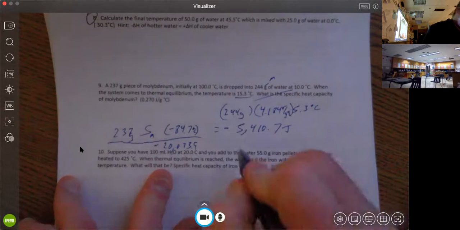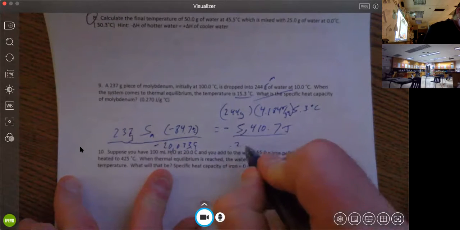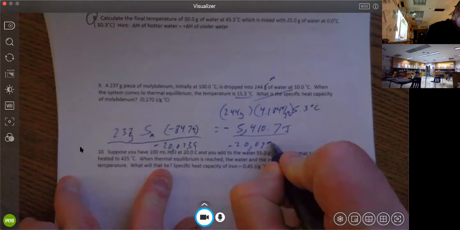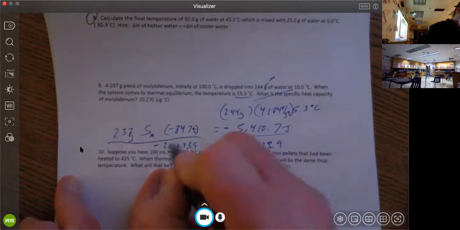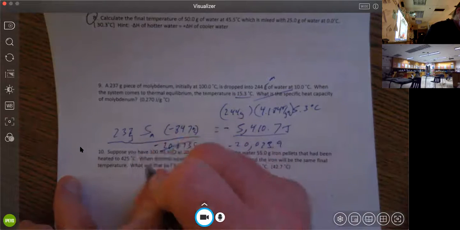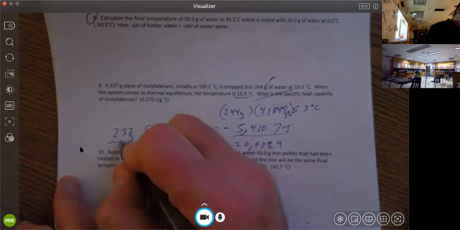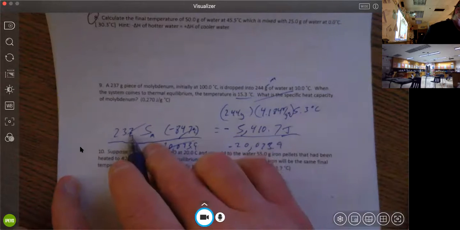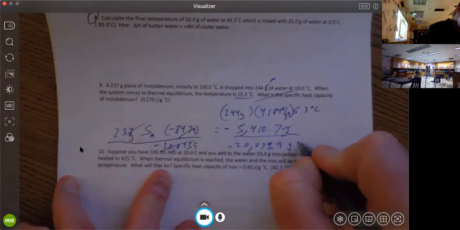So we'll divide both sides by negative 20,073.9. And that will cancel that out. And these two. And we get the grams times degrees Celsius on the bottom over here.